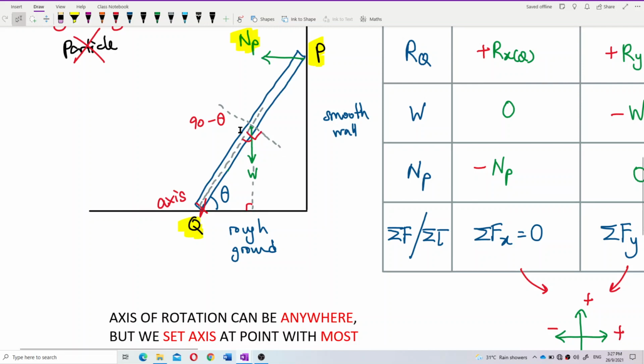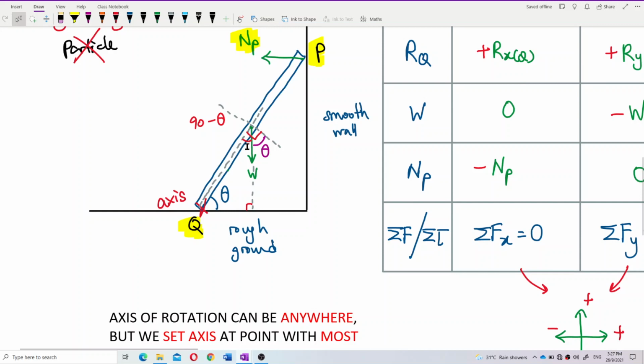So we can use this angle instead. What is the purple angle? The purple angle actually is also theta, the same as the theta over here. Do you agree with me or not?